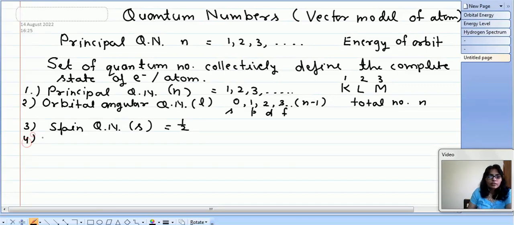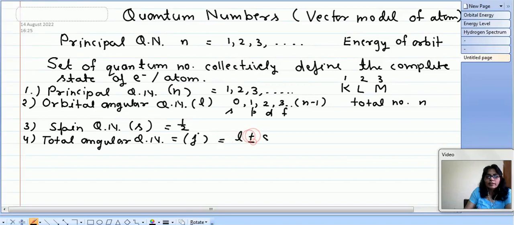Then fourth is the total angular quantum number, which is denoted by the small letter j, and small letter j means it will be l plus minus s. It will be l plus minus s, means the value of the orbital angular quantum number and then the value of the spin quantum number.